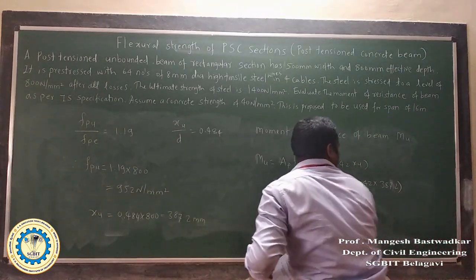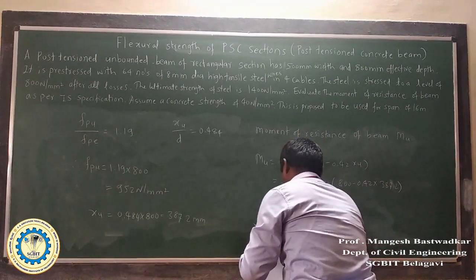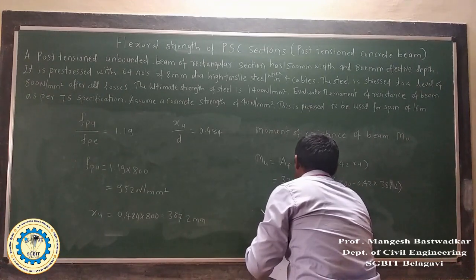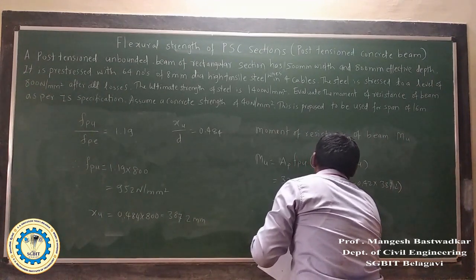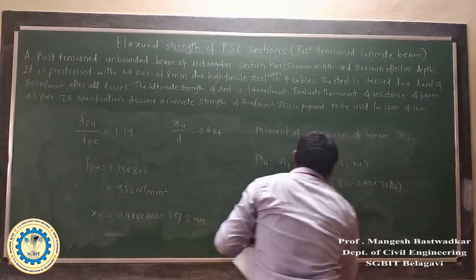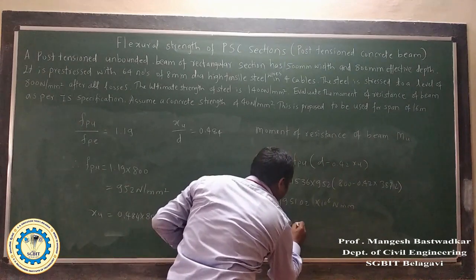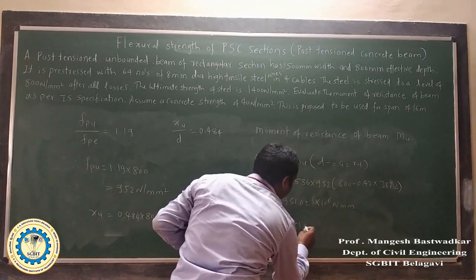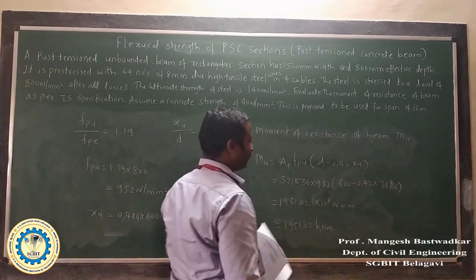So this value will be 1951.02 into 10 raised to 6 Newton millimeter, and then if you divide by 10 raised to 6, then it gives 1951.02 kilonewton meter.